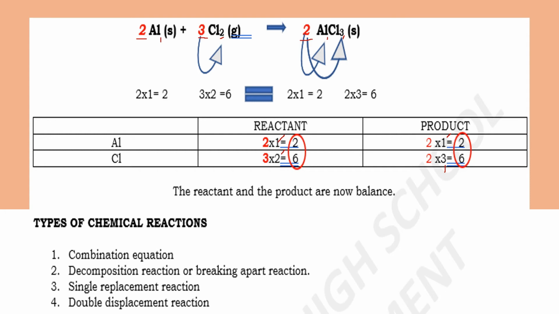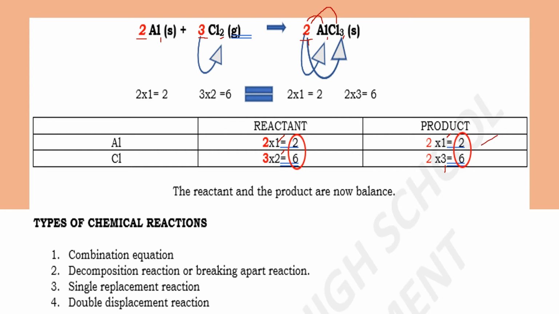So, since it is a compound, kapag naglagay ka ng coefficient dito sa unahan ng compound, damay po yung dalawang element. So, what you're going to do is to multiply. So, as you can see in your arrow, 2 times 1 atom from aluminum will become 2.